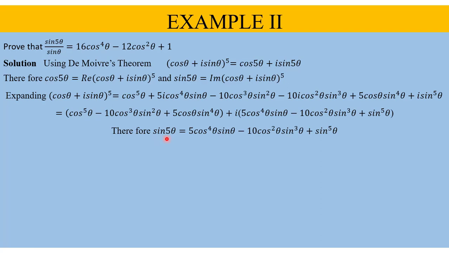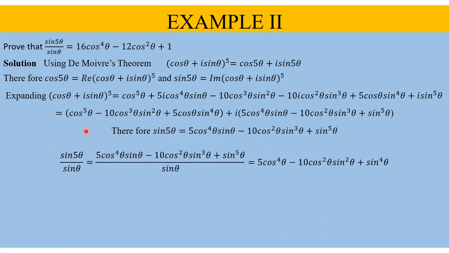Therefore, sin 5 theta is equal to 5 cos power 4 theta sin theta minus 10 cos squared theta sin cubed theta plus sin power 5 theta. So for this case, we are equating the imaginary parts together.